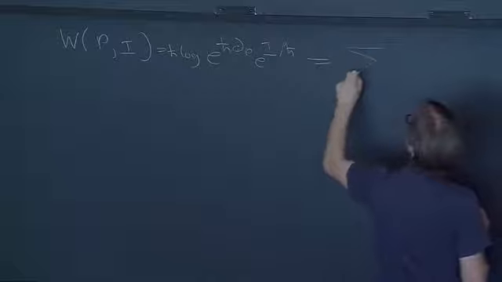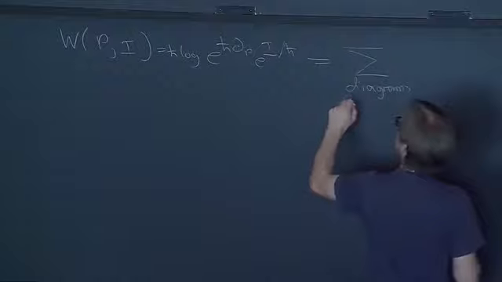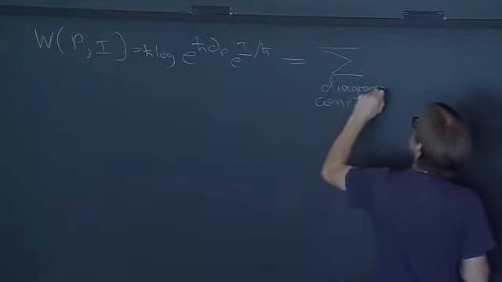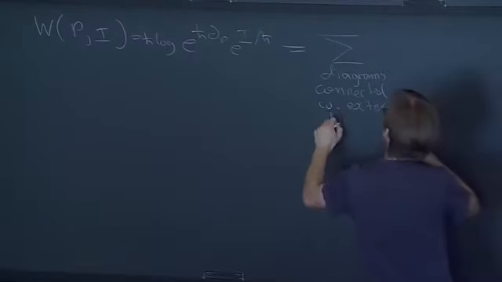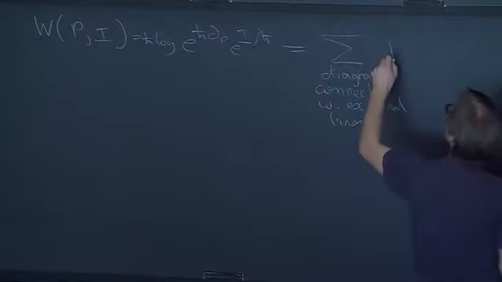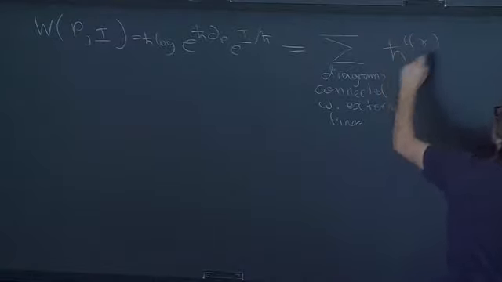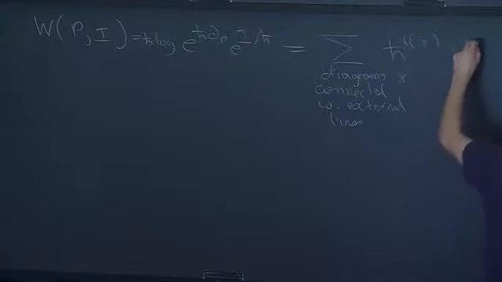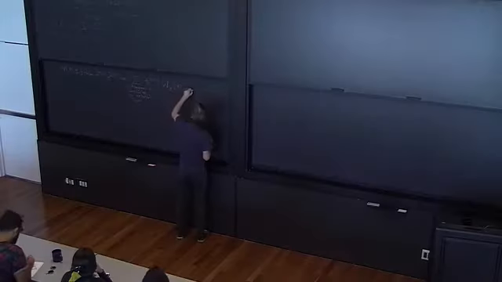So it's a sum over diagrams which are connected, which have n external lines, where we put an h bar to the number of loops of the diagram, and then we have a Feynman amplitude where we have p on each edge and I on vertices.